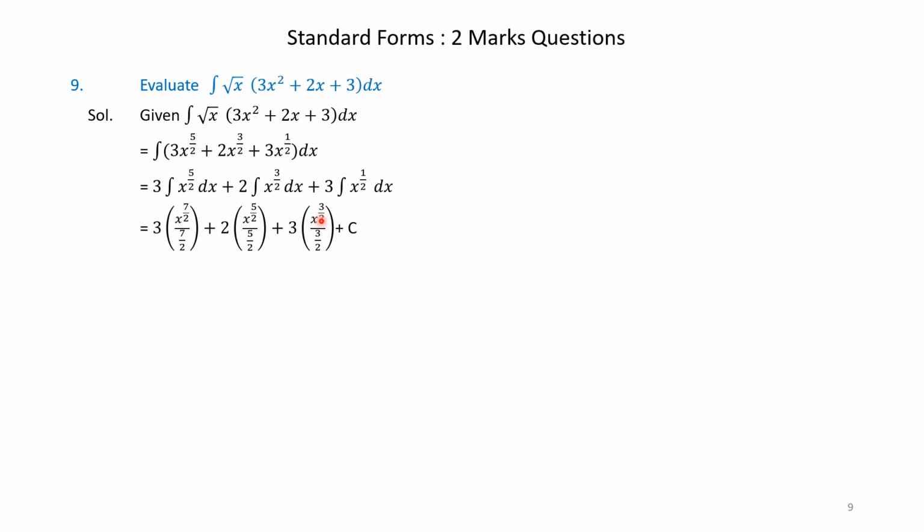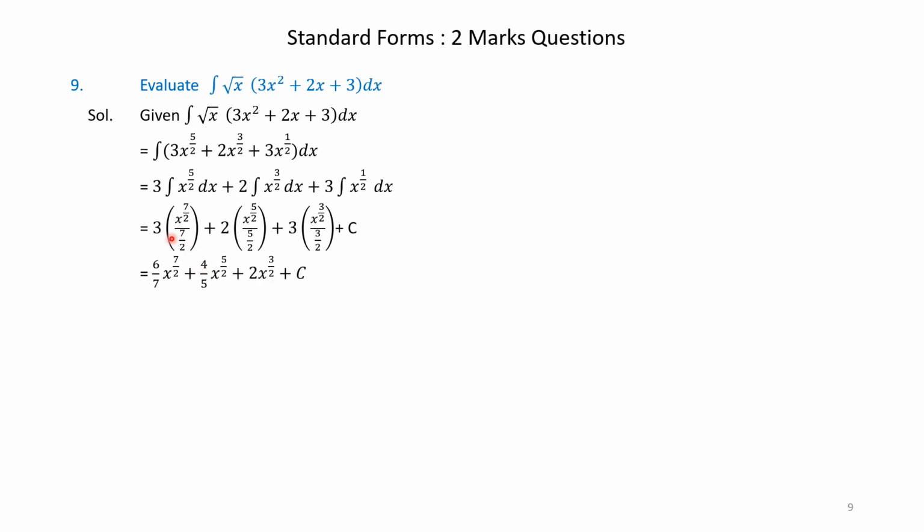Therefore, x to the power of 3 by 2 divided by 3 by 2 plus c. If you want, you can write separately, that is 5 by 2 plus 1, 3 by 2 plus 1, 1 by 2 plus 1. If you write separately and calculate, it becomes the same as what we have written here.